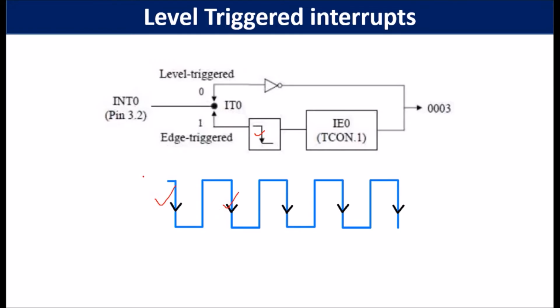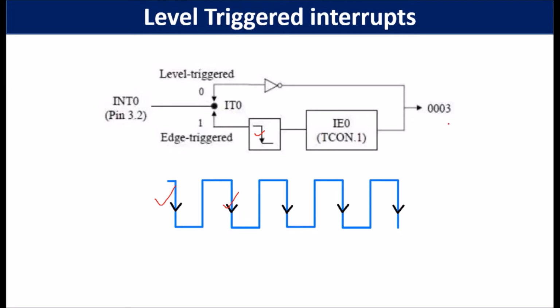Initially all the port pins of 8051, suppose this is pin P3.2, are at logic 1 level. When you pull it to logic 0, the interrupt will occur and the microcontroller will execute the interrupt service routine written at this particular address.